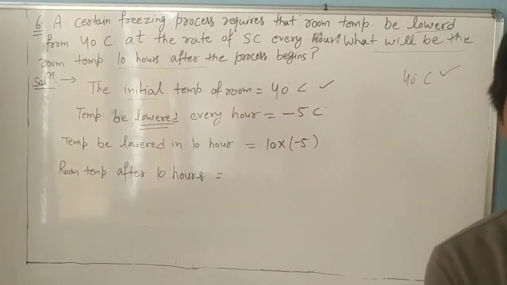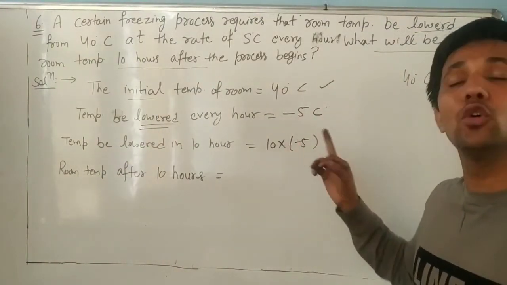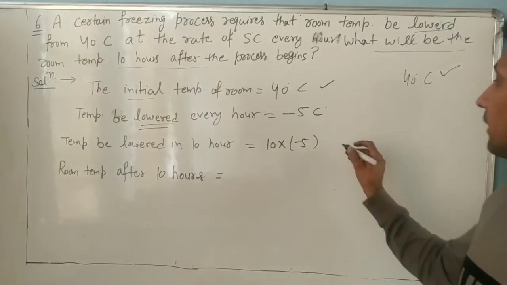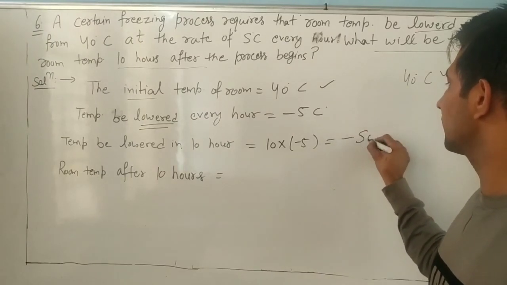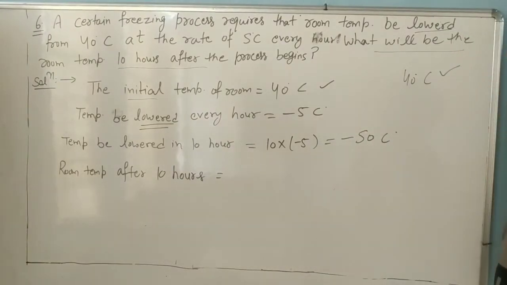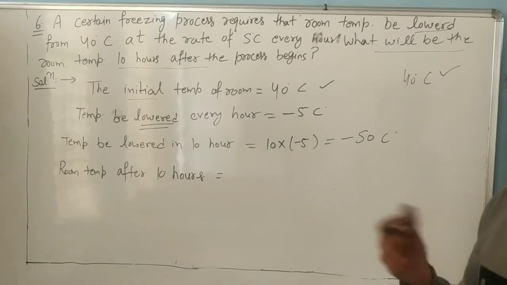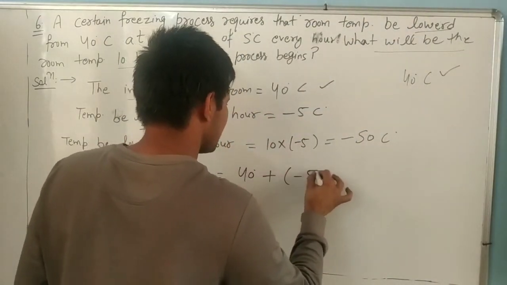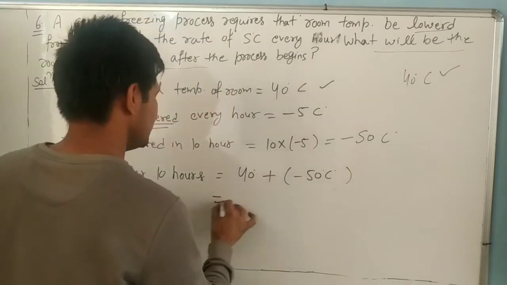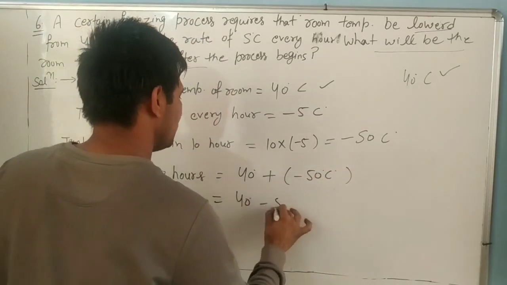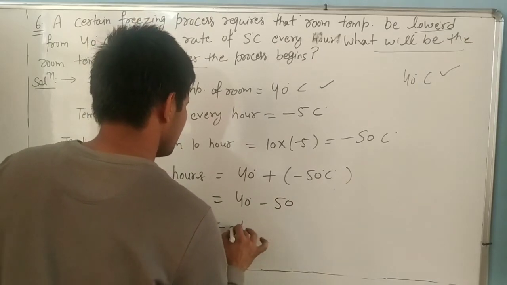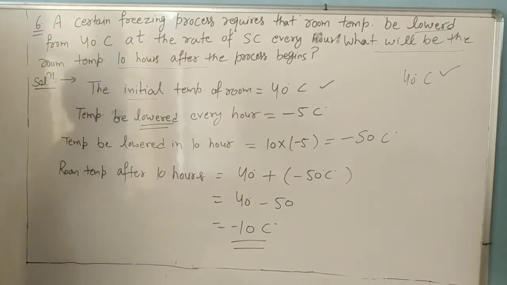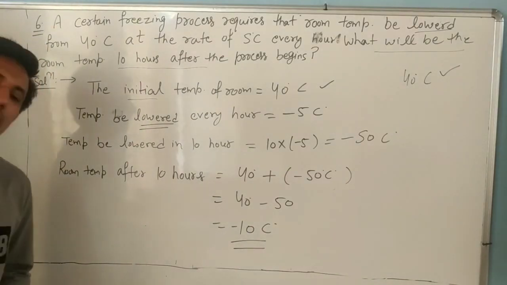Cost of one book 5 rupees, cost of 2 pens 2 into 5, same as it is. Positive into negative is negative. Now the room temperature after 10 hours: 40 degrees Celsius plus minus 50 degrees. So it is minus 10 degrees Celsius. So the temperature after 10 hours is minus 10 degrees Celsius.